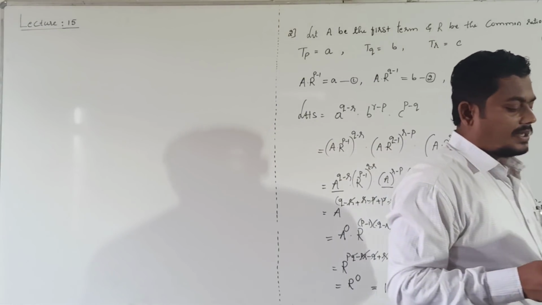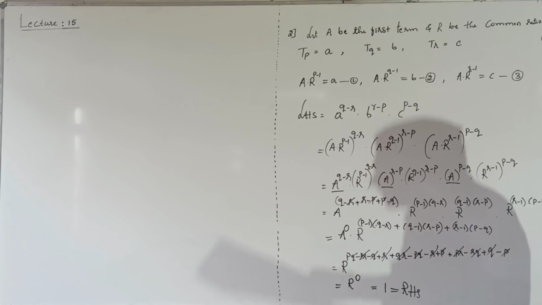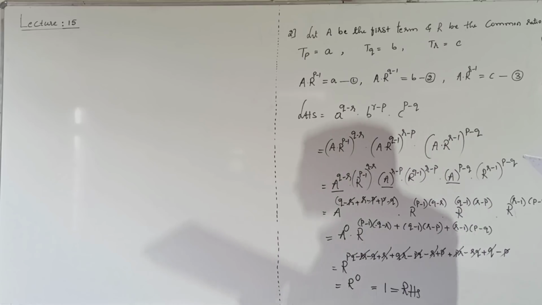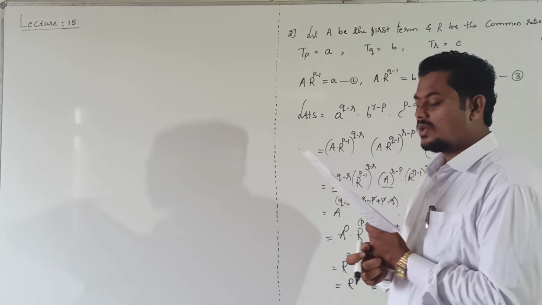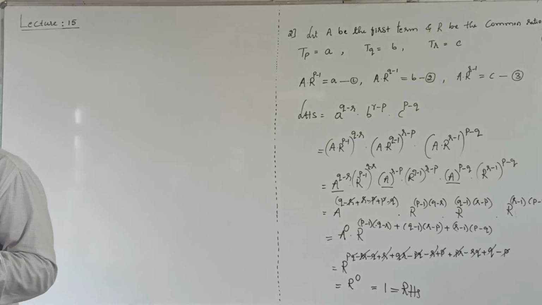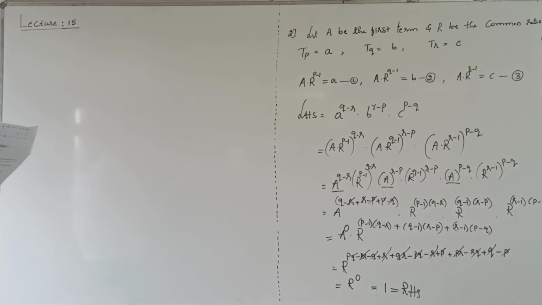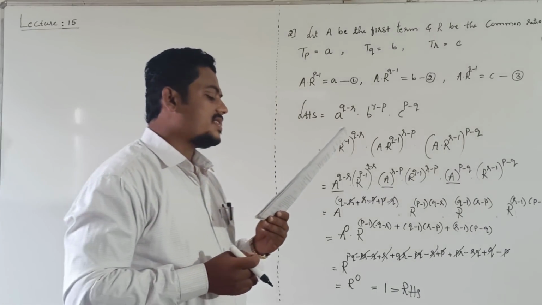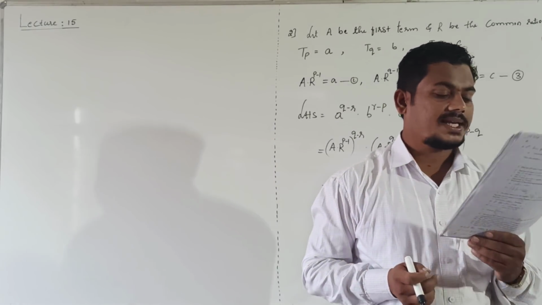Next problem: if a, b, c and d are in GP, then show that (a square plus b square plus c square) into (b square plus c square plus d square) is equal to (ab plus bc plus cd) whole square.